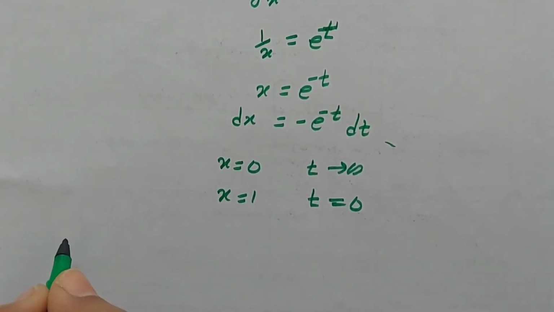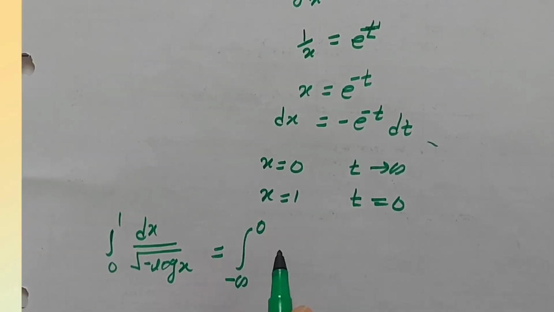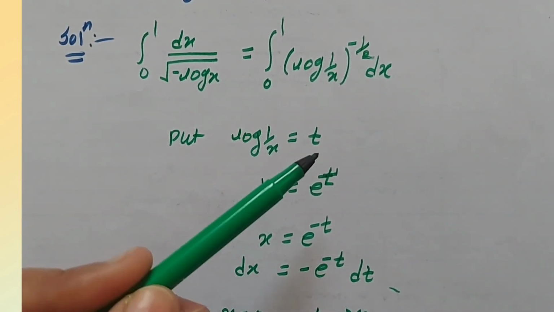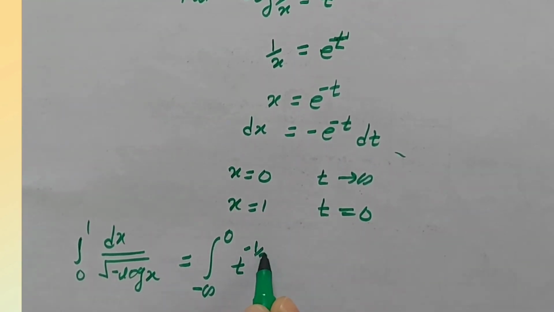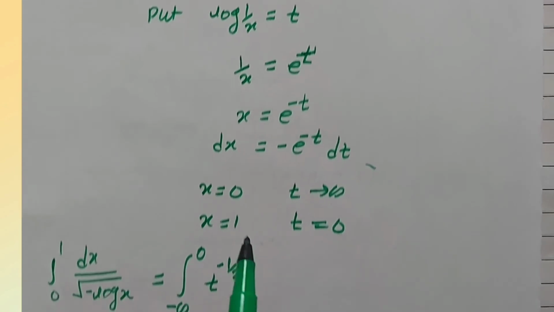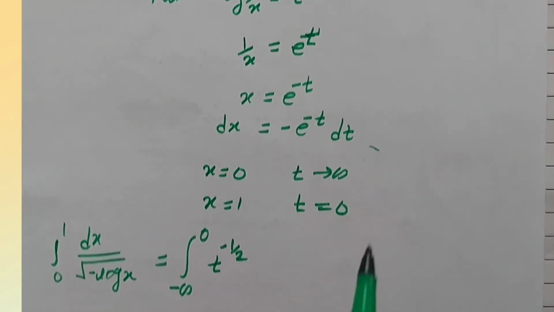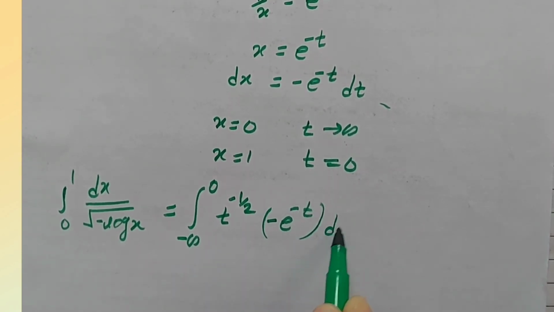Put this in the integration, then we get integral 0 to 1 dx divided by under root of minus log of x is equal to, here log of 1 by x is our t, so it is t raised to the power minus 1 by 2, into dx, and the value of dx is minus e raised to the power minus t dt.